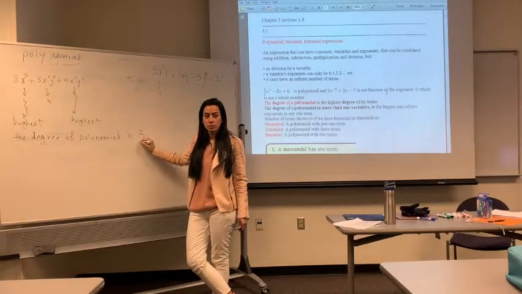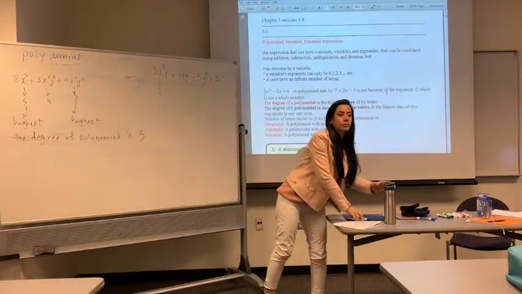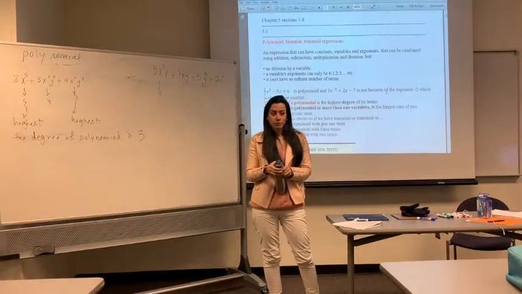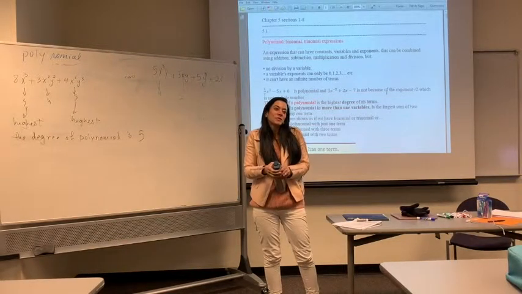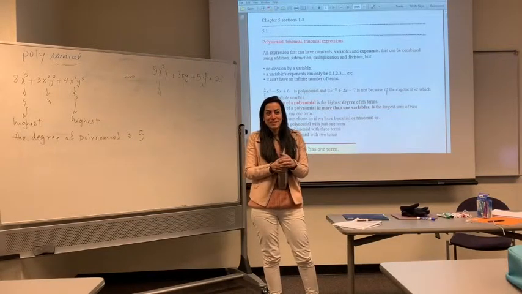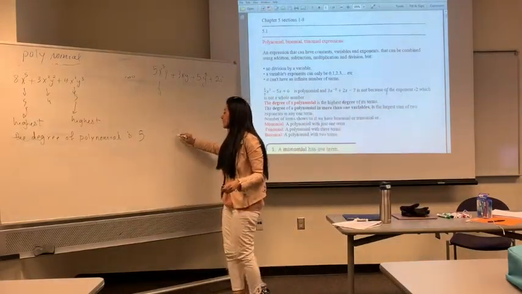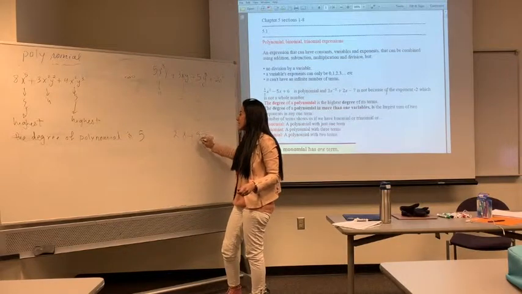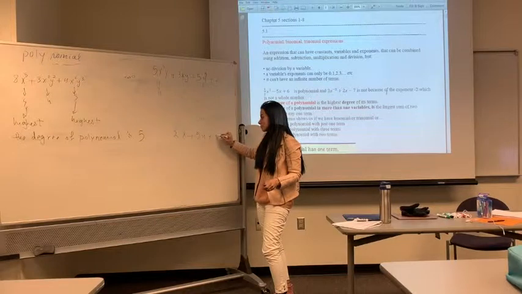What if all your terms have the same degree? There's no highest, so the degree will be that number, which may be repeated 5, 6, 8 times. Let's say I have 2x plus 5y plus 3x.